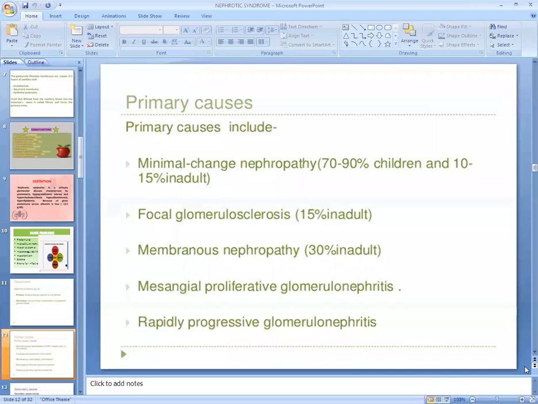All these are glomerular diseases, affecting the filtration part of the kidney and resulting in nephrotic syndrome. Minimal change nephropathy is a very common cause of nephrotic syndrome in children.